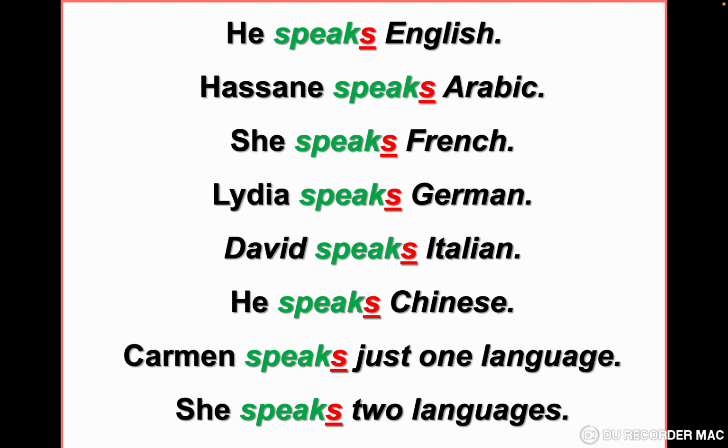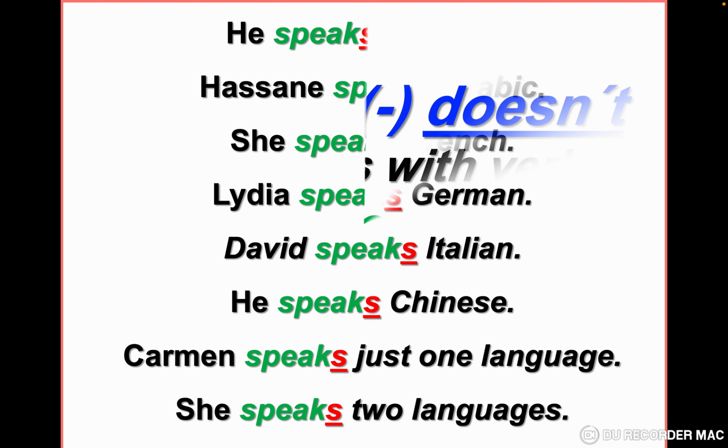She speaks 2 languages. You see, when we have he or Hassane or Lydia or she or David or Carmen, we always put an s on the verb. So remember to put an s at the end of the verb in present simple with he, she, it, or a singular noun. Let's practice this to know it more. Let's go to the next slide.